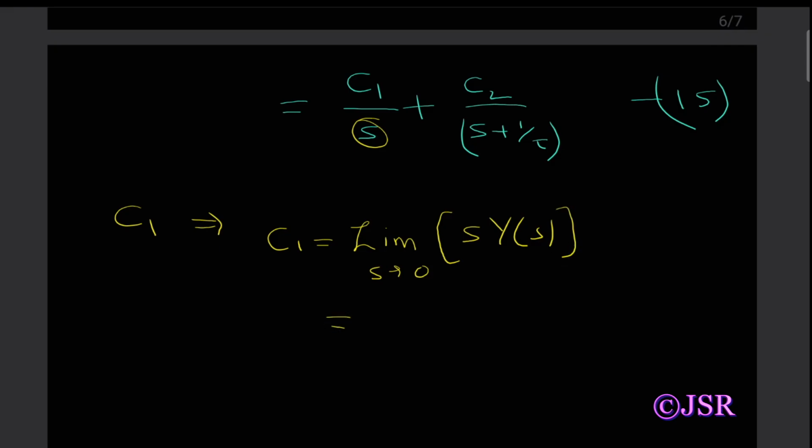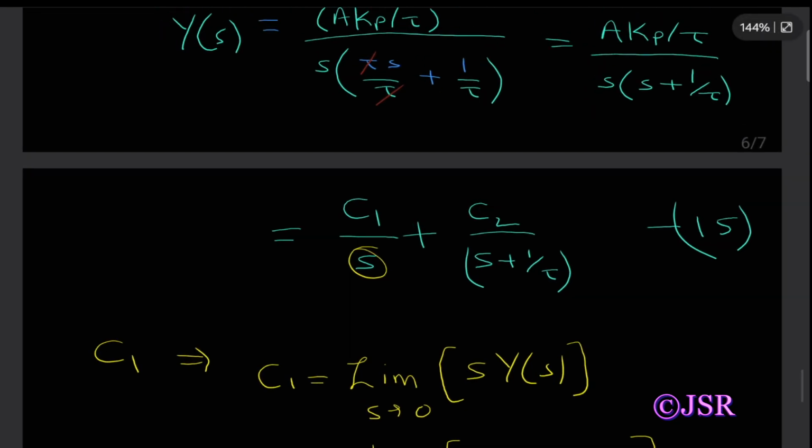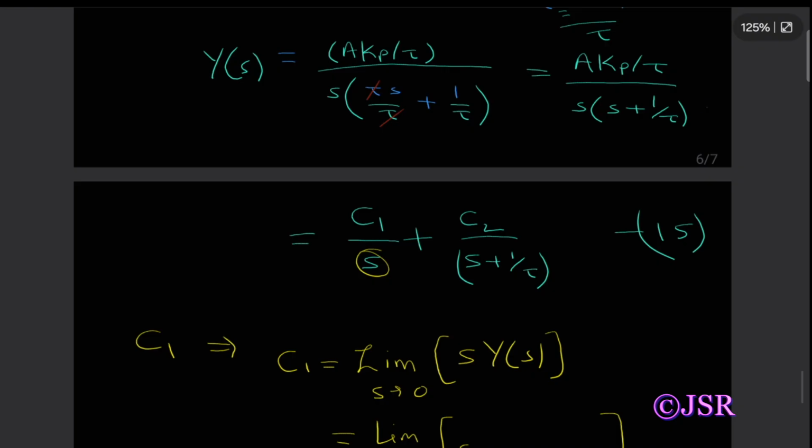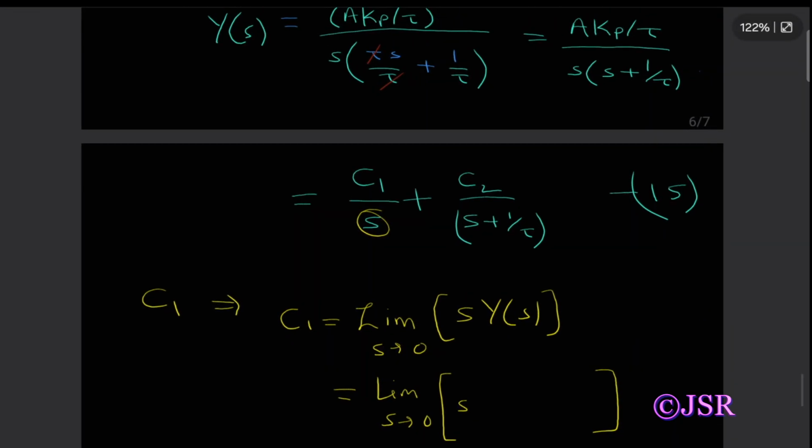So here we will have limit s tends to 0 s into y of s, and this y of s is a kp upon tau upon s into s plus 1 by tau.